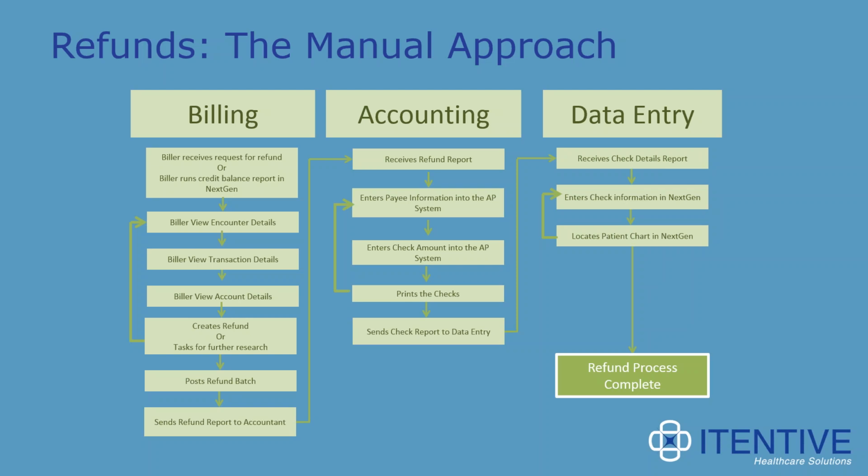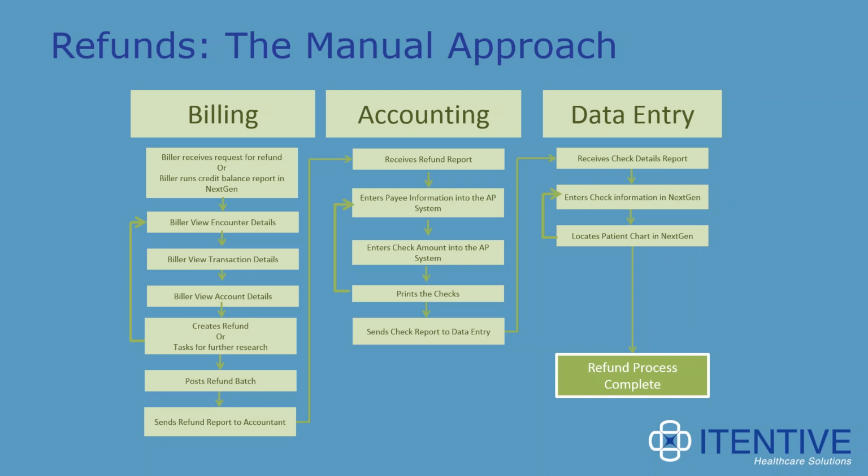Somehow it's getting over there. But once it gets over there, the people in accounting have to enter that information into the accounting application. So they have to enter in the name of the refund recipient. They have to enter in the address, the city, the state, the zip. They have to enter in the dollar amount and maybe some other information as well.